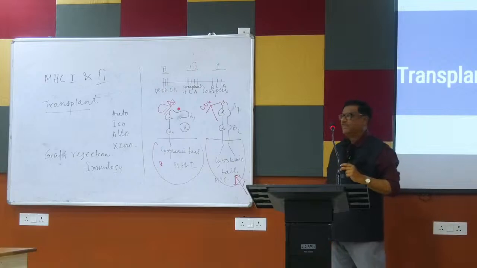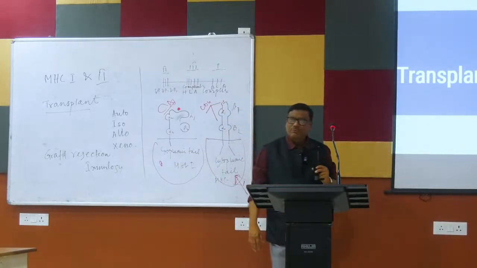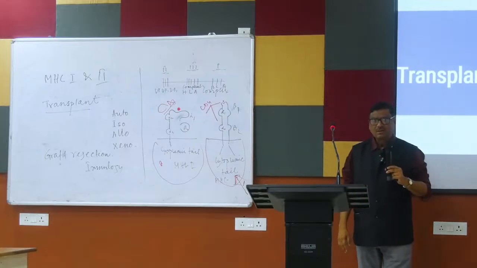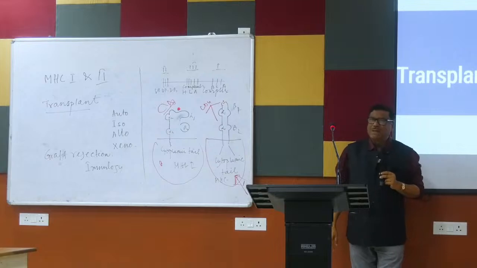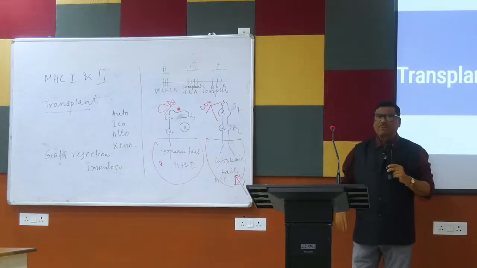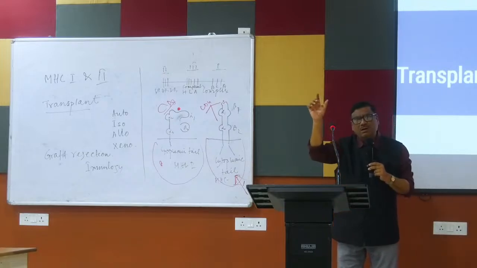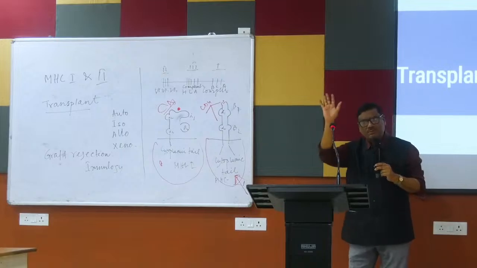So we have a different route now. Either we have to suppress the immune response of the recipient, or we have to bypass that particular graft. We have to kill all the immune cells of the graft so that there shall be no response, there will be no cells.